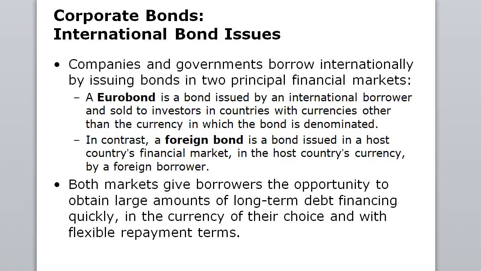In contrast, a foreign bond is a bond issued in a host country's financial market, in the host country's currency, by a foreign borrower. So a foreign bond could be a German company issuing a bond in euros. Both markets give borrowers the opportunity to obtain large amounts of long-term financing quickly, in the currency of their choice, with flexible repayment terms.